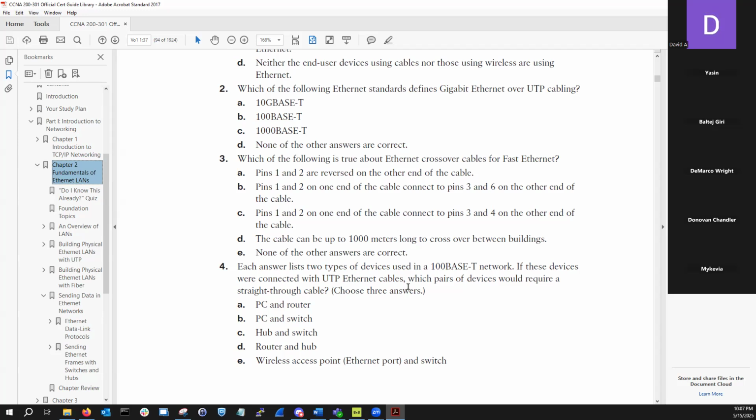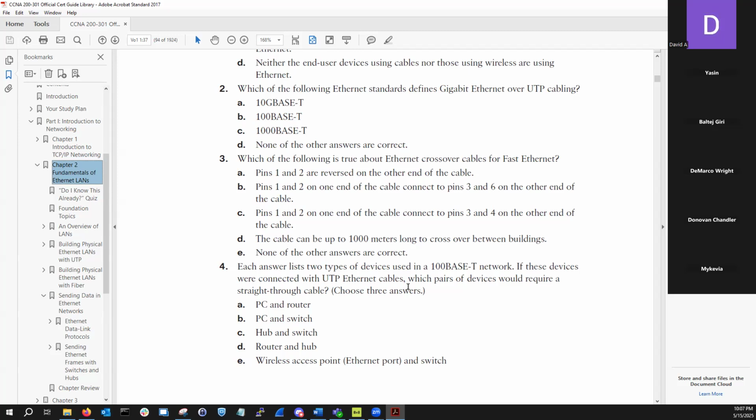My bad. So it'll be PC and router, nope. PC and router transmit on the same pins. Let me get an understanding. If it's saying three answers and they got two answers for each one, that's where it's confusing me.